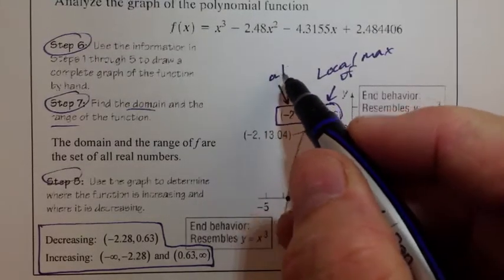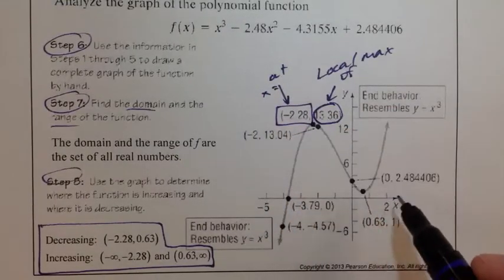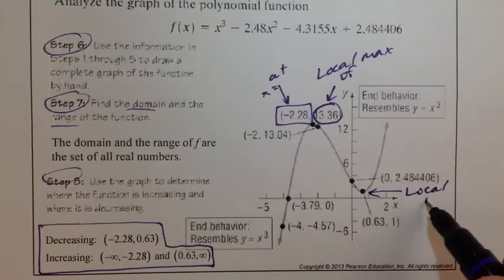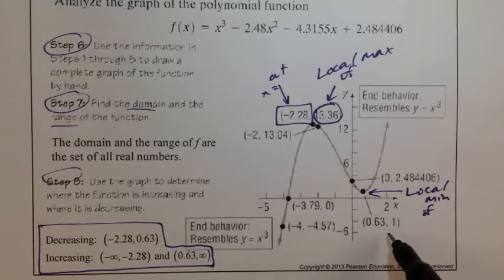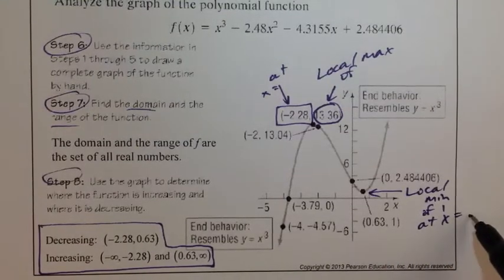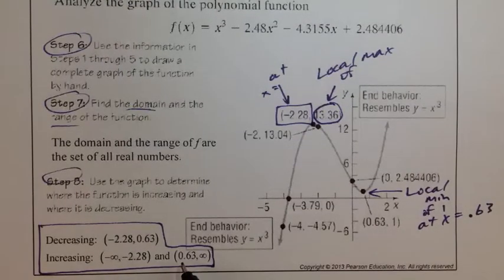And then you could say you have a local min of 1 at x equals 0.63, okay? And so the 0.63 all the way to infinity is where this function f of x is increasing.